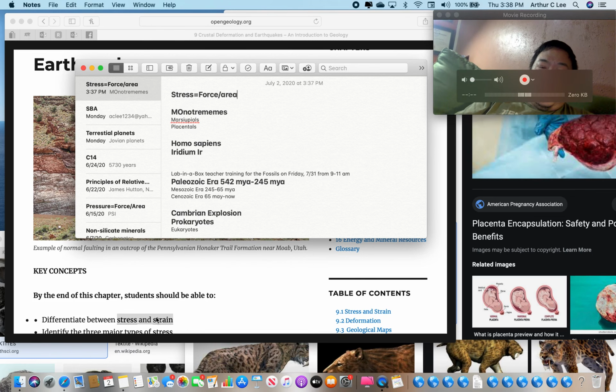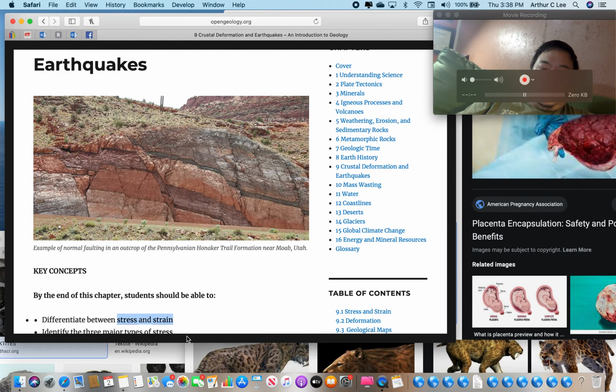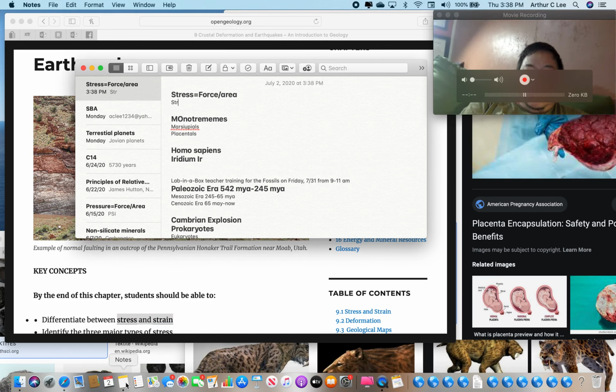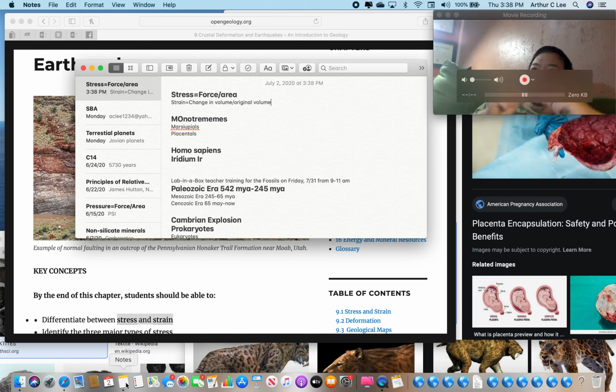What then is strain? S-T-R-A-I-N. Strain is equal to the change in volume of an object divided by the original volume. In other words, strain means, imagine I had a rubber band.